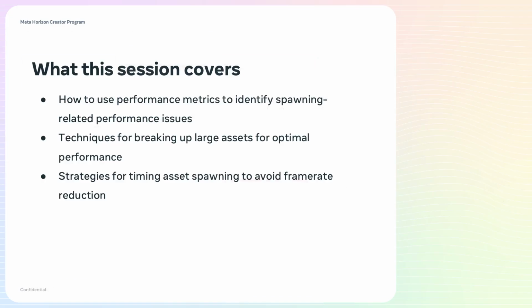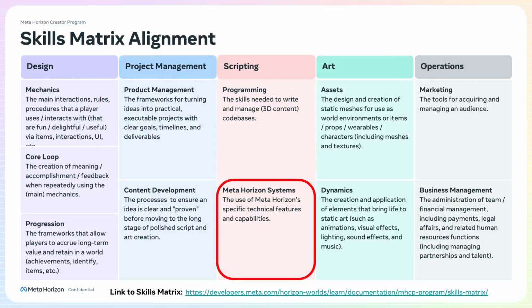the frame rate reduction. So right here, with just a quick tap on the skills matrix alignment, this will be mostly focused on the Horizon systems. Kind of out of my ordinary where I often cover scripting, this one won't be very scripting related, but there will be a moment where I touch it briefly.